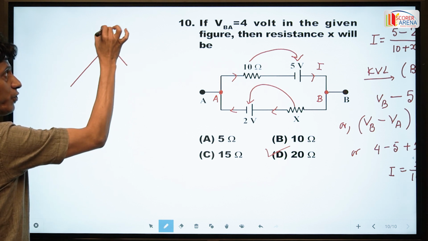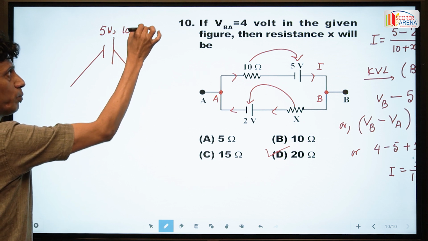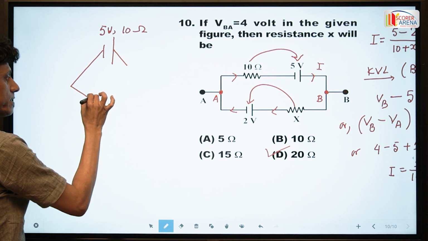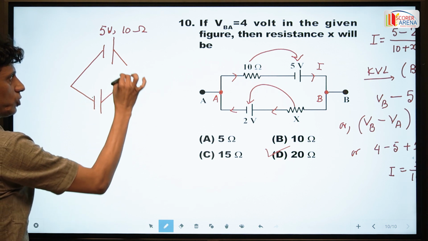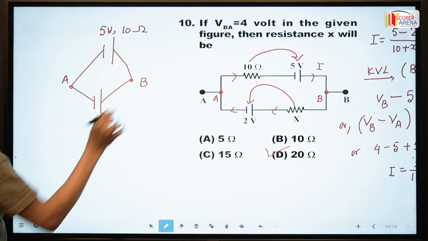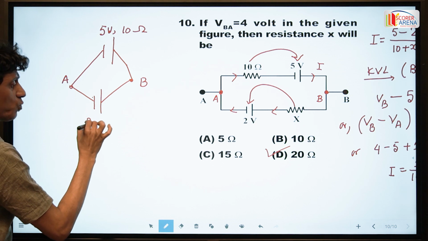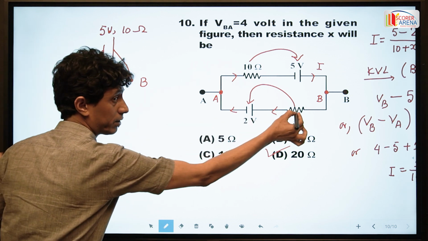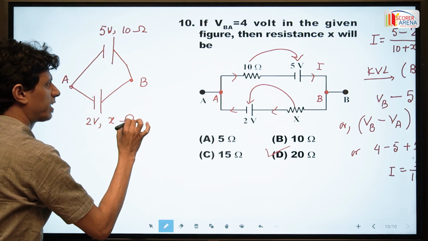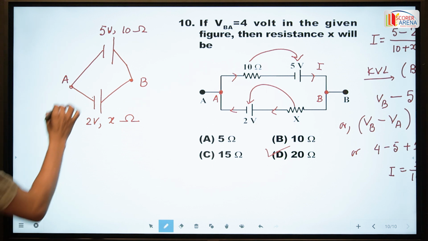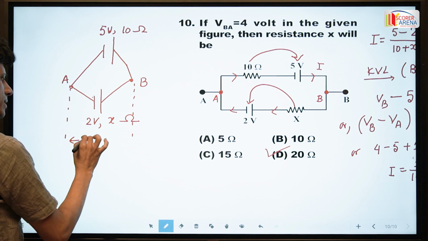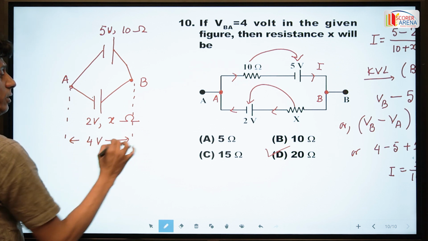It is 5 volt with internal resistance 10 ohm, and it is point A, point B, and the potential of this is 2 volt, and X, the resistance, is taken as the internal resistance, and the potential between these two points is given in the problem as 4 volt.